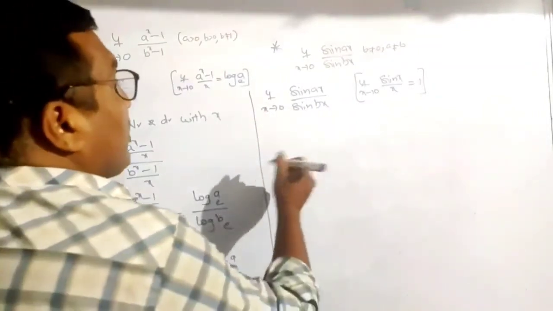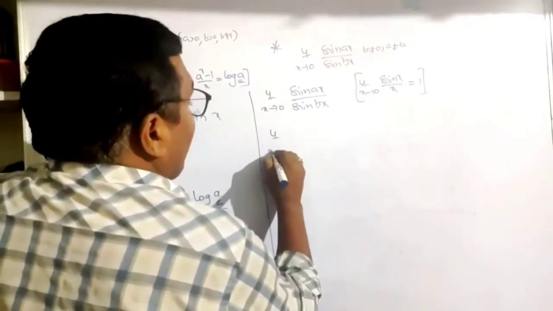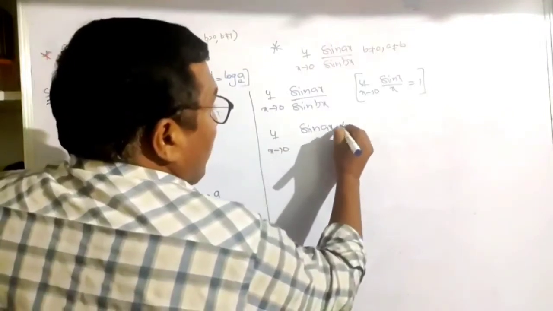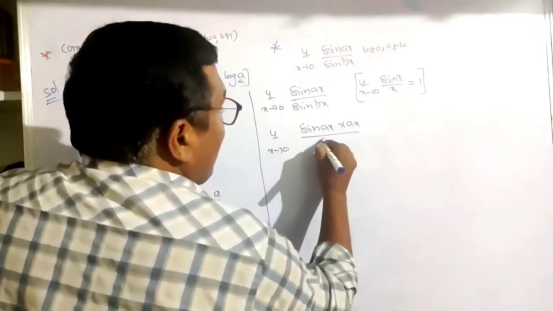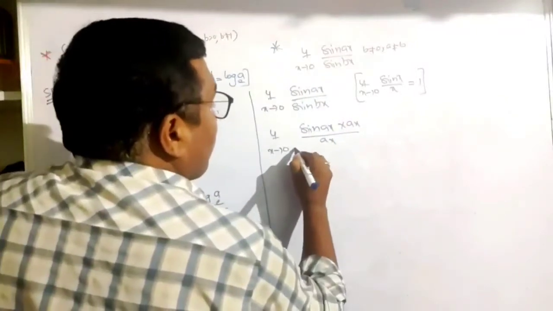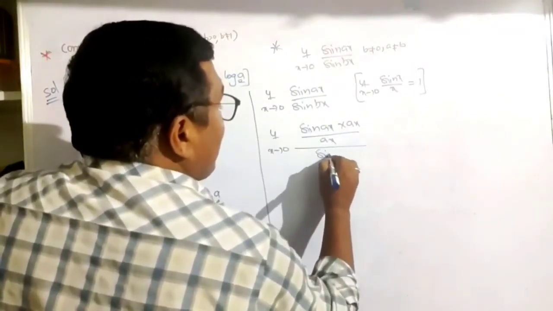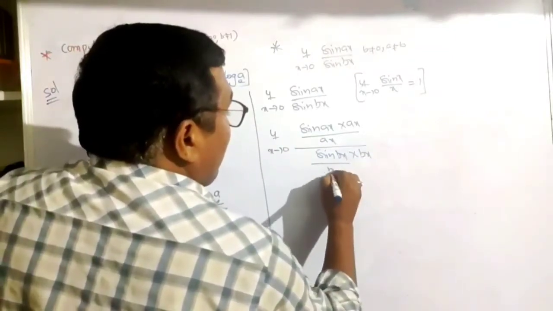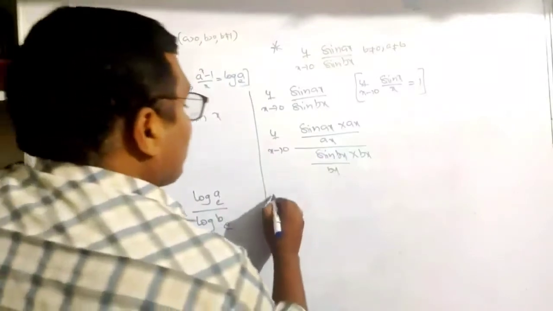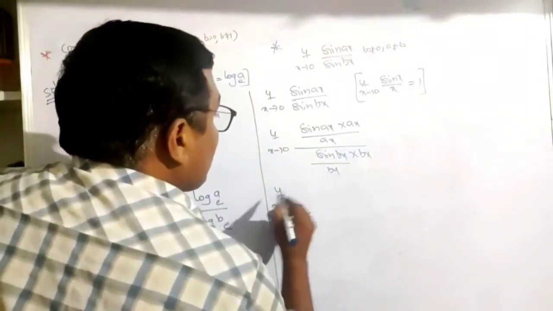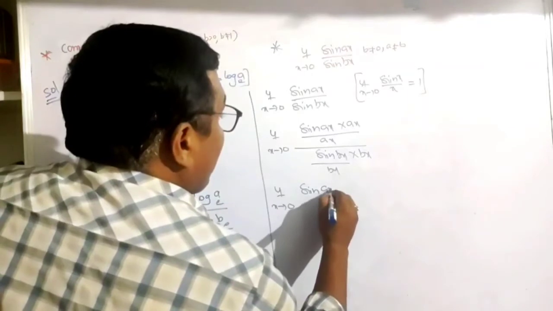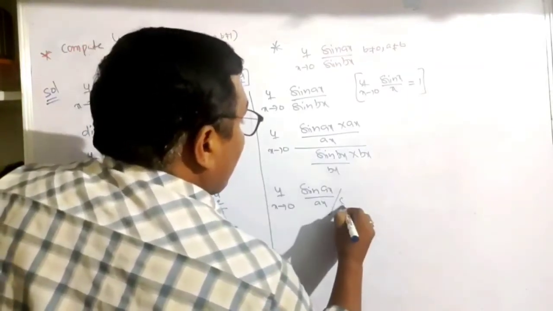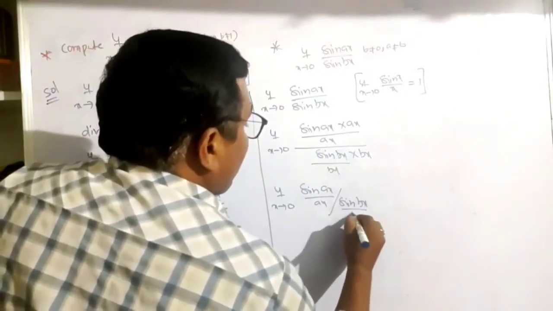Simply multiply sin ax with ax and divide with ax for the numerator, and for sin bx, multiply with bx and divide with bx. Write it like that: limit as x tends to 0 of (sin ax by ax) by (sin bx by bx).